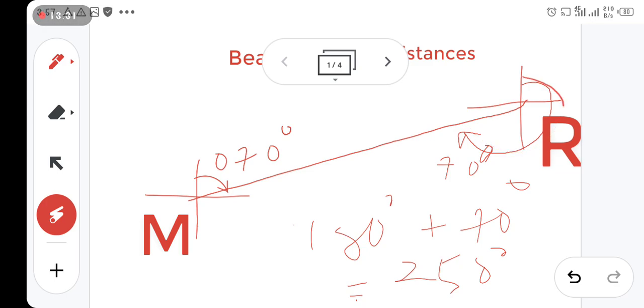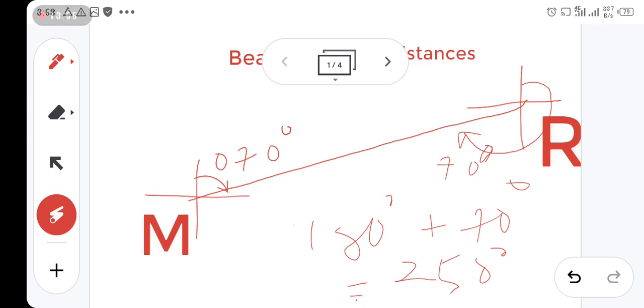Of course, we know that from here to here is 180 degrees. From here to here is 70 degrees, which is alternate angles. Now, 180 plus 70 gives us what? 250. So the bearing of M from R is 250 degrees, while the bearing of R from M is 70 degrees.